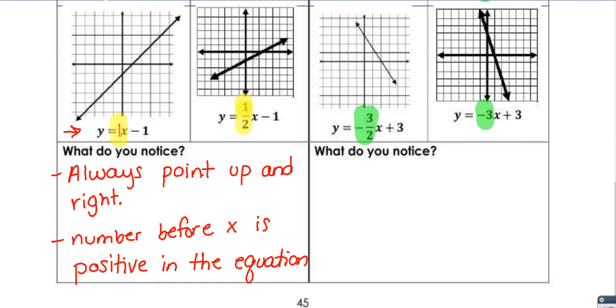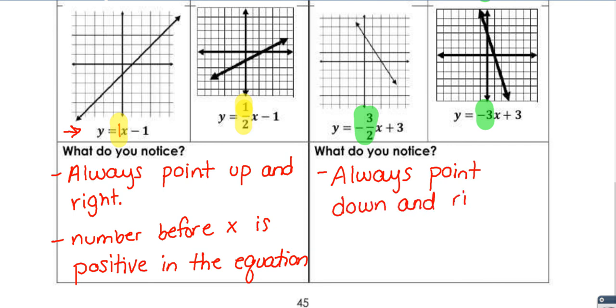So what do we notice? That our graphs always point down and right, because remember, we look at it left to right.